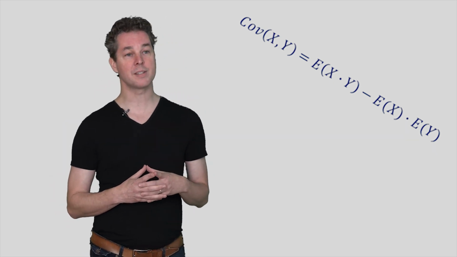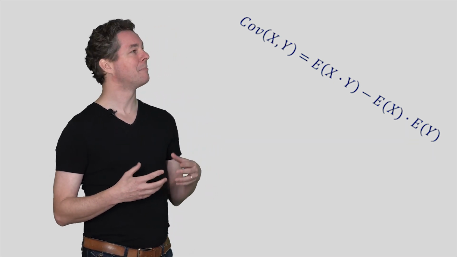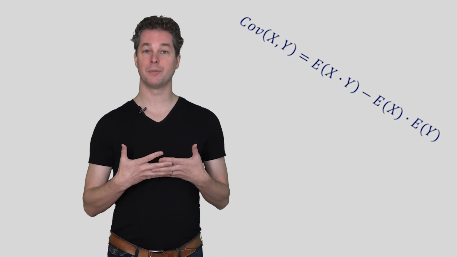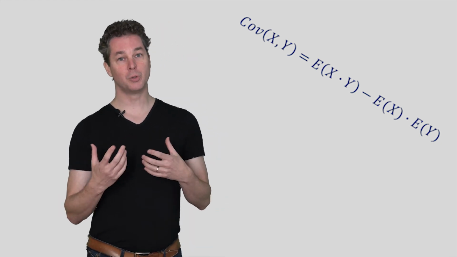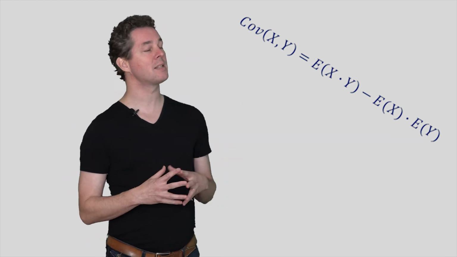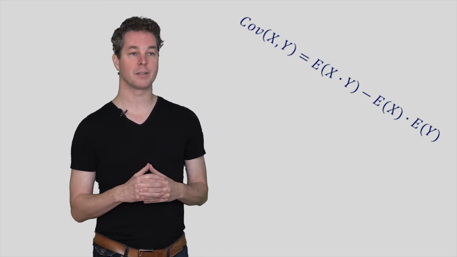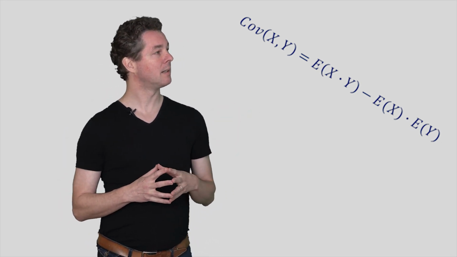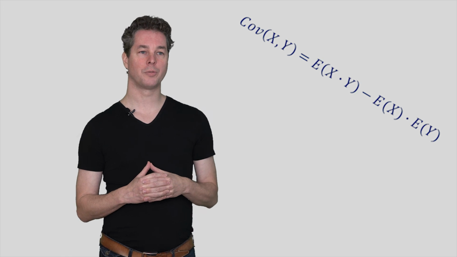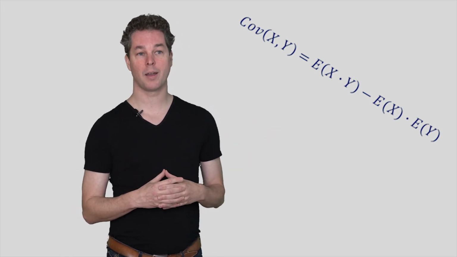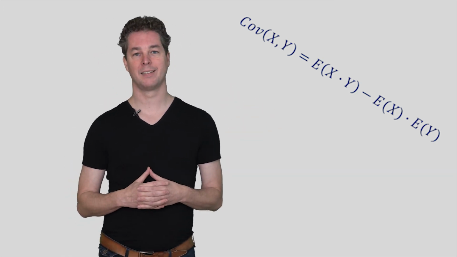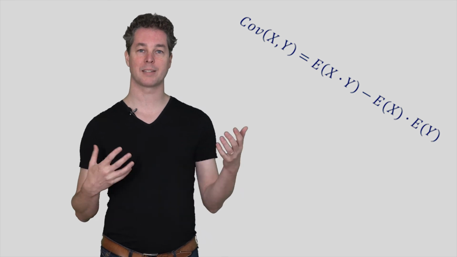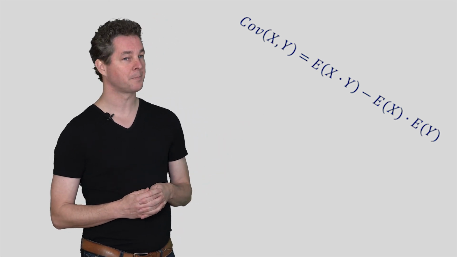The covariance is defined as basically the expected deviation of two variables from this idea of being independent. So the expected deviation of x times y from the expected value of x times the expected value of y.